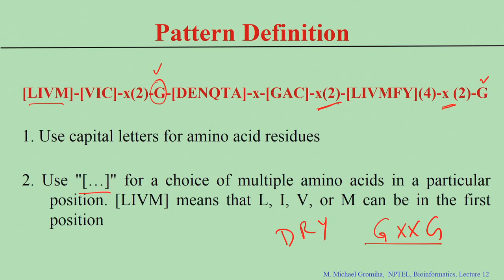If I show this one, how many amino acids are in this pattern? This is 1, 2, here 2, right, 2 plus 2 is 4, 5, 6, 7, 8, 10, 14, 16, 17. So, 17 amino acids in this pattern. So, how to write a pattern in this case?